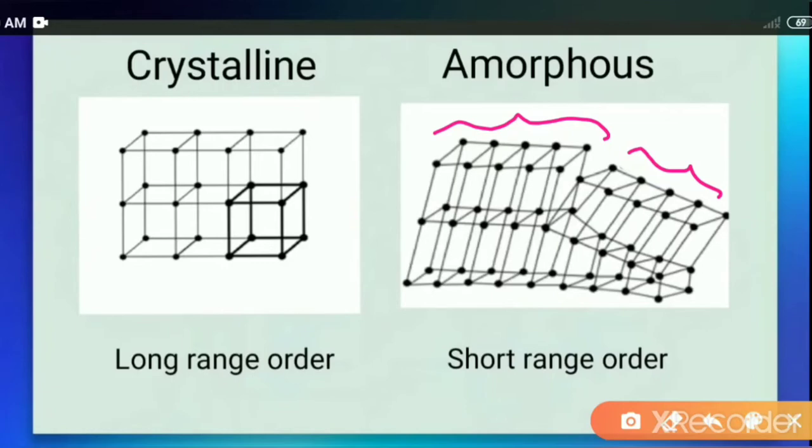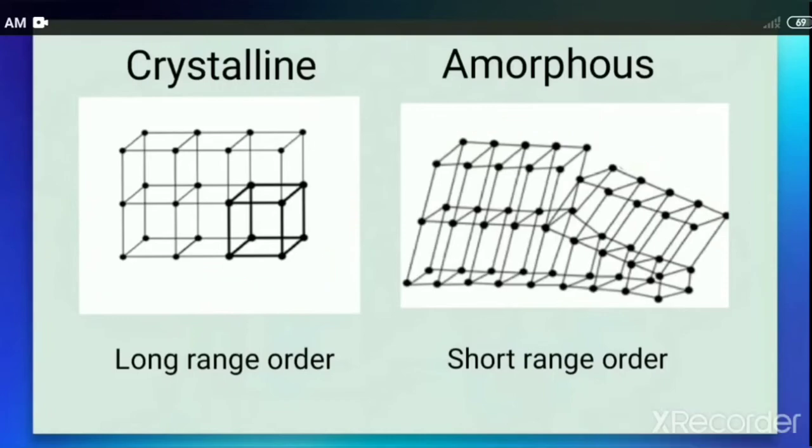Then the pattern changes. But in crystalline, whatever pattern is there will be continuous throughout the crystal. That means if the pattern is cuboid, that cuboid will be throughout the crystal. But in amorphous, the pattern changes. That's why it is called short range order, and crystalline is called long range order.